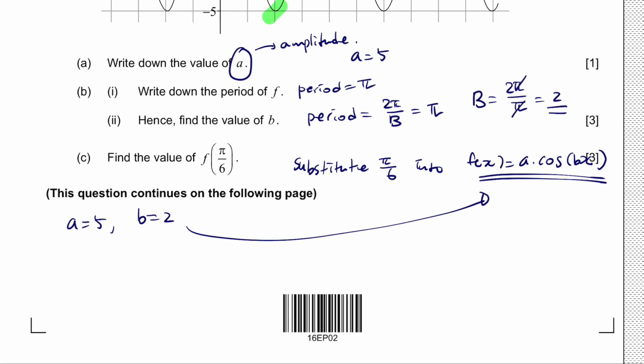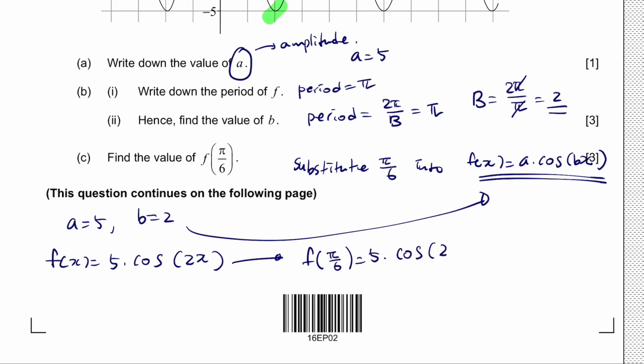This will give us f of x equals 5 times cosine 2x. Now we can substitute pi over 6 into our complete equation. So we get f of pi over 6 equals 5 times cosine of 2 times pi over 6, which equals 5 times cosine pi over 3.